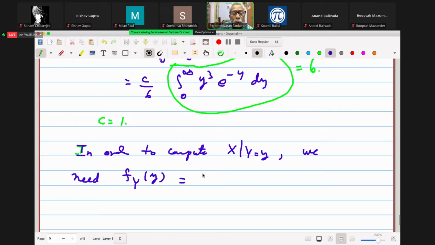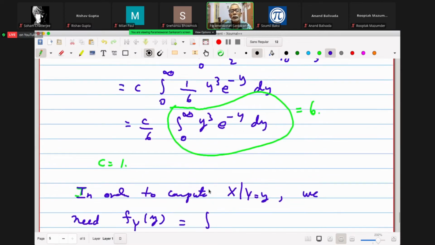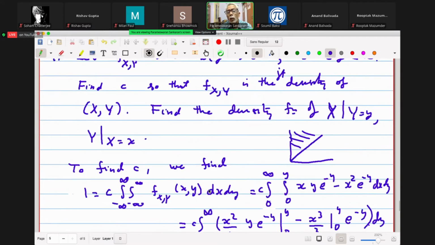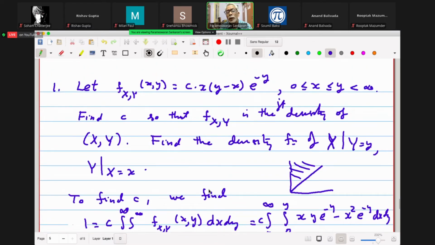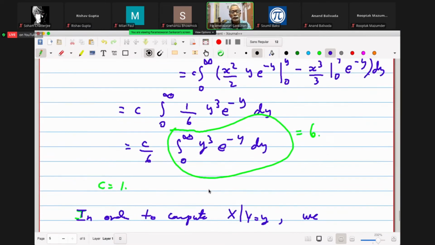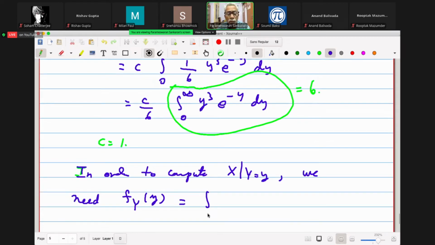So f_Y(y) is an integral. Okay, so y ranges from where to where? So y is between x and infinity, x to infinity. C equals 1. So if I remember, it is x times (y minus x) times e power minus y.